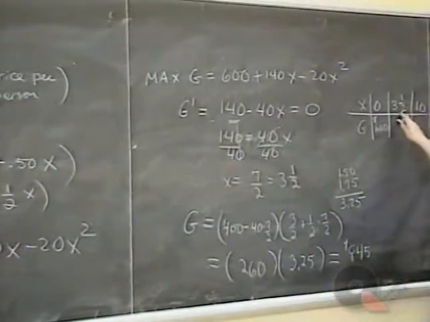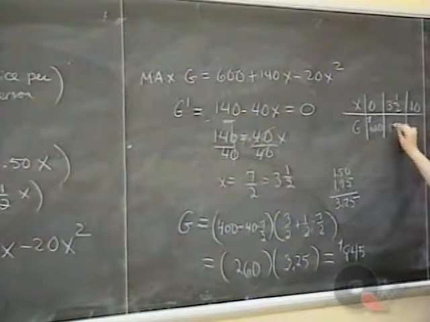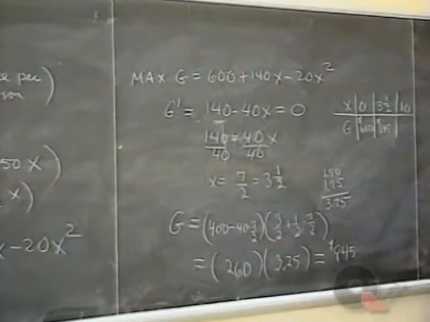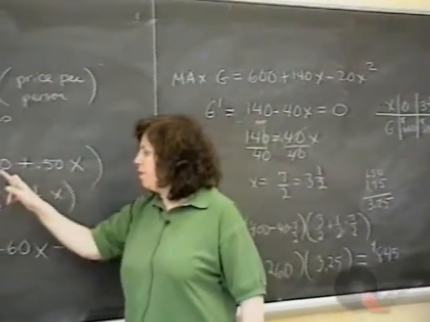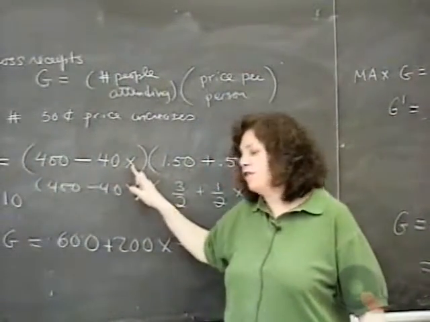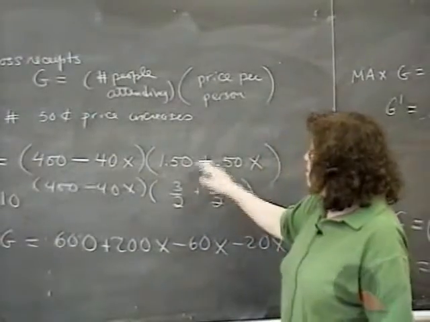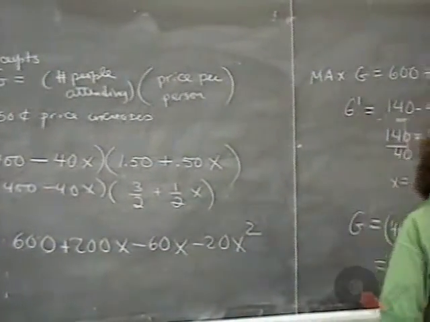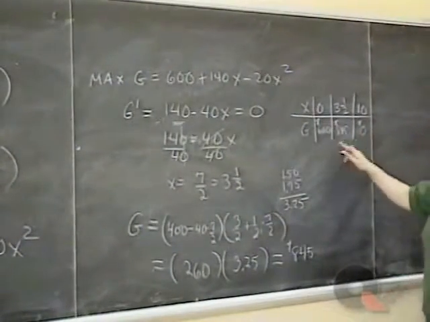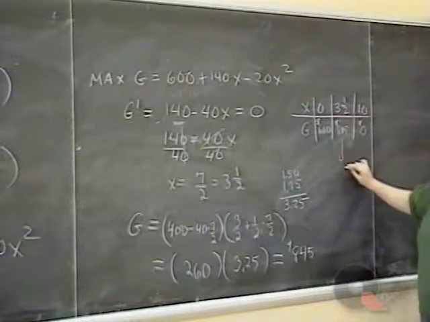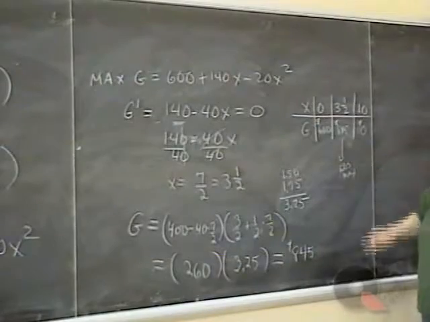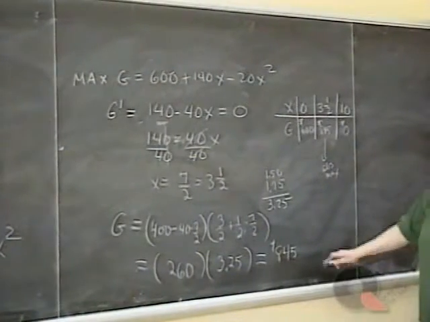At 3.5 price increases, it's $845. And at 10 price increases, the price would be $6.50, except 0 people will be attending. 400 minus 400, 0 people paying $6.50 a ticket, and therefore the gross receipts would be 0. The absolute min would be $0. The absolute max, which is what we're looking for, would occur with 3.5 price increases, and the gross receipts would be $845 at that time.